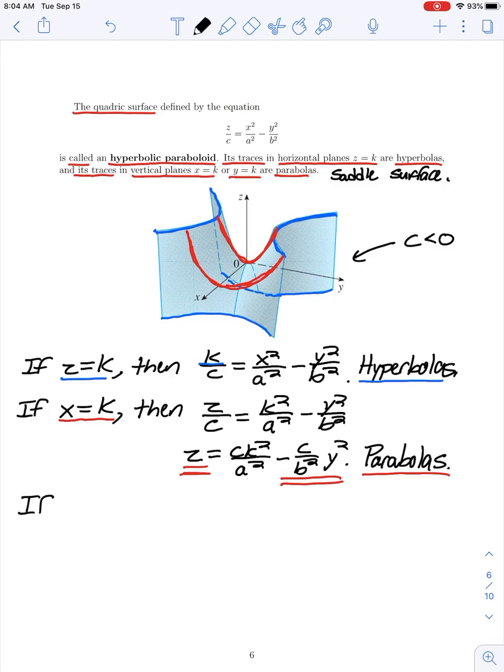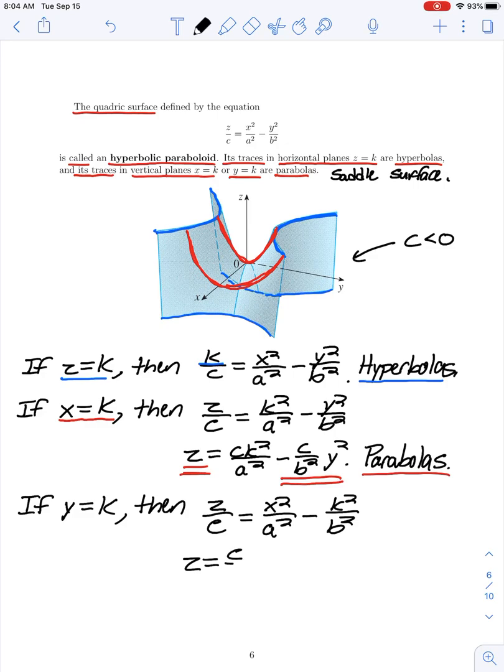Now looking at other planes, let's say y equals k, we would have something of the form z over c is equal to x squared over a squared minus k squared over b squared, or rewriting this as z equals c over a squared x squared minus c k squared over b squared.